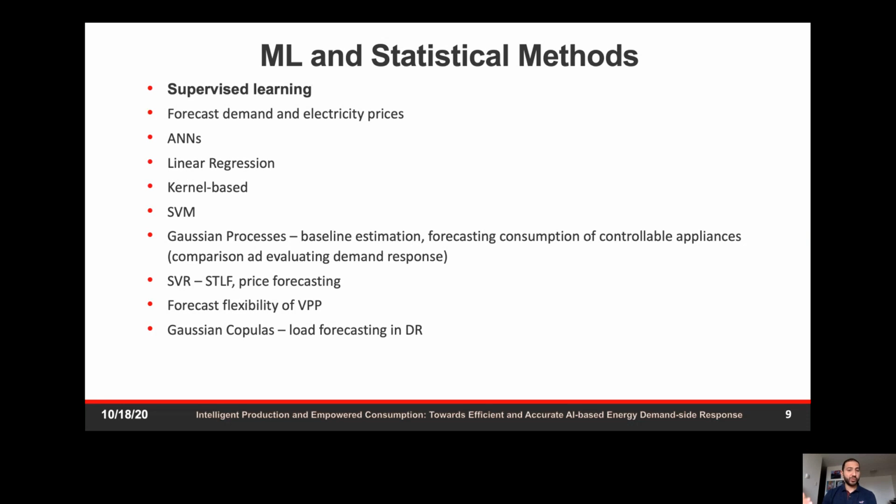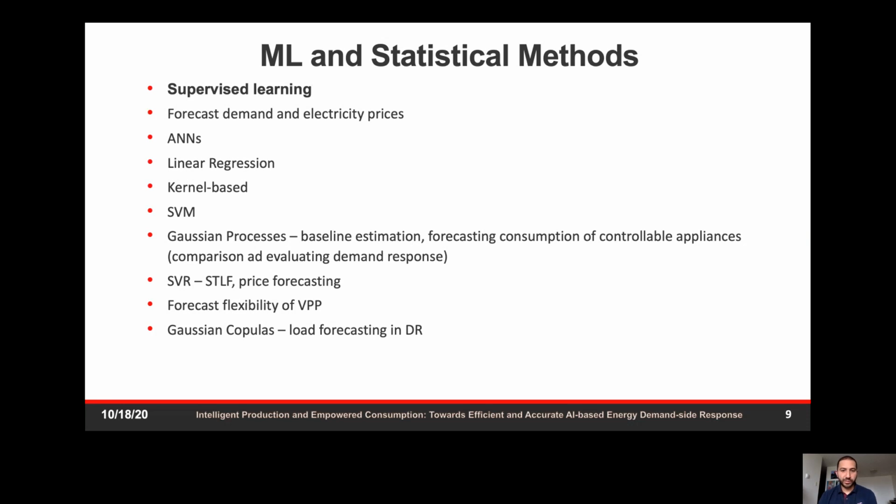The solar panels on your roof, how much are they going to produce in the short term and in the long term. Supervised learning is used a lot in all of these domains, as well as forecasting inflexible loads. So loads that can't be changed easily in terms of their usage time and so on.